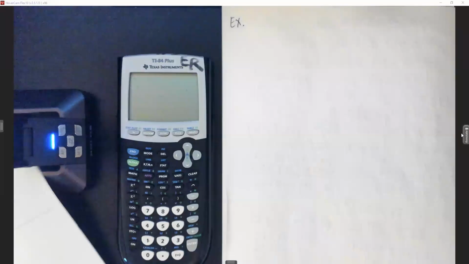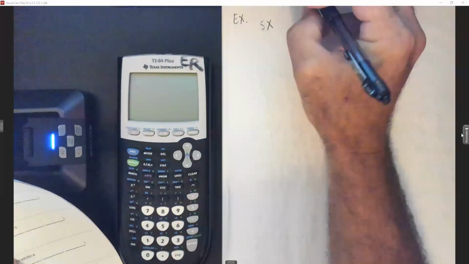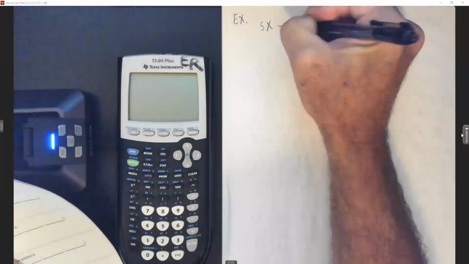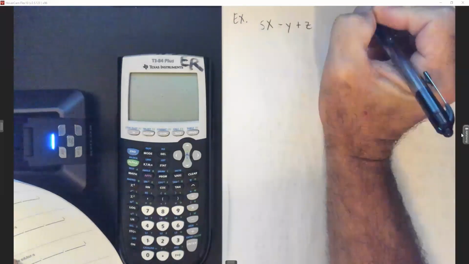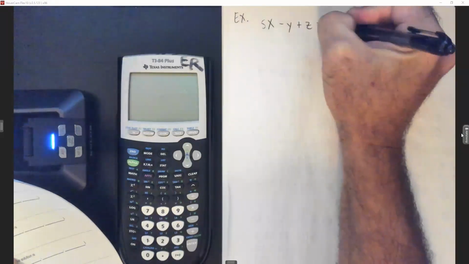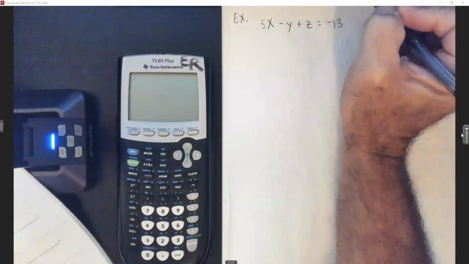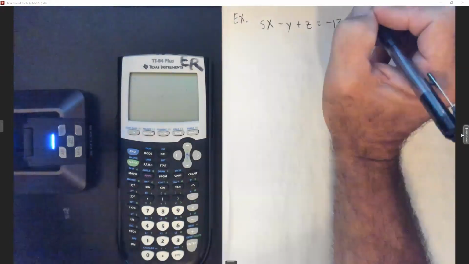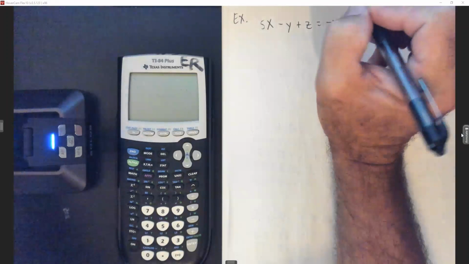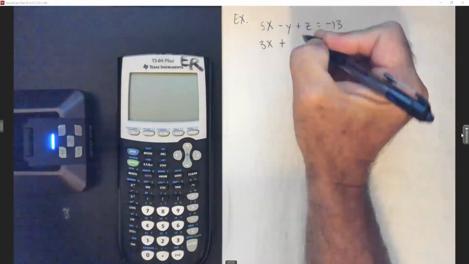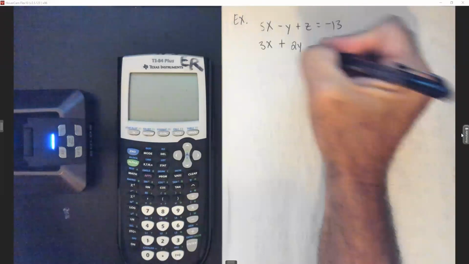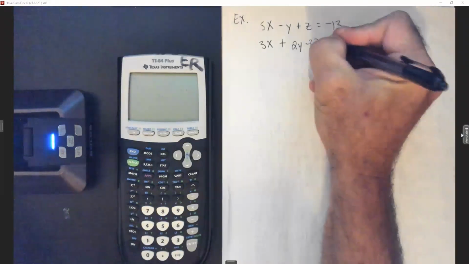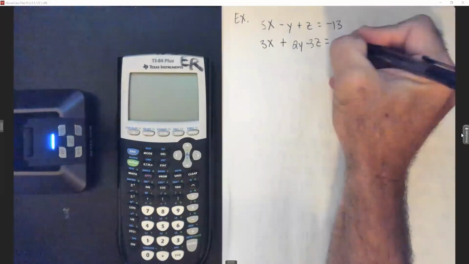All right, so we're going to continue with the 3x4 equations. So this one, y'all, I have 5x minus y plus z is going to equal negative 13. 3x plus 2y minus 3z is going to equal negative 16.